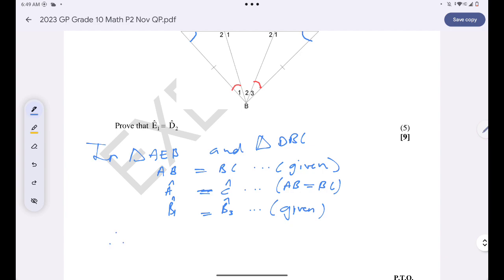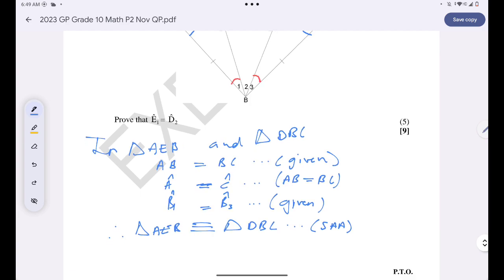So we can therefore conclude that triangle AEB is exactly the same as, or congruent to, triangle DBC. Why? It's side, angle, angle. For you to show that triangles are congruent, you must prove three things that are equal in those triangles, and one of those things has to be a side.